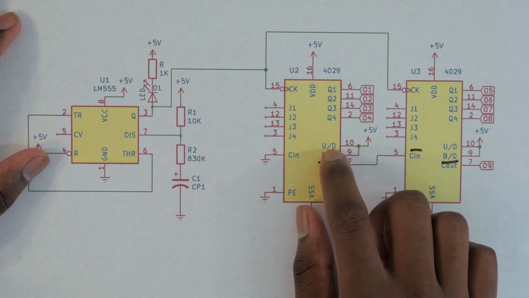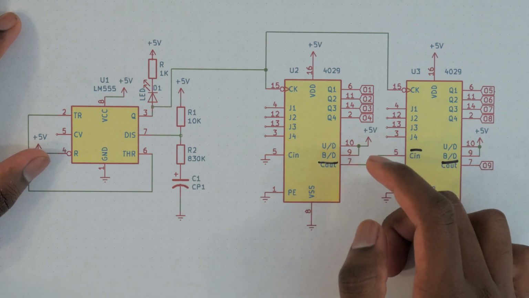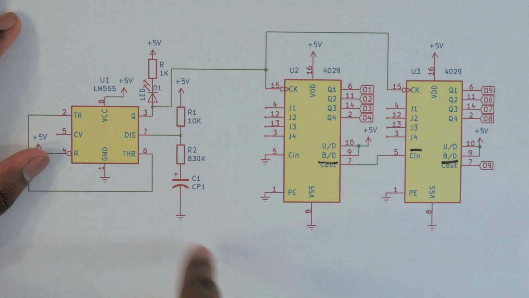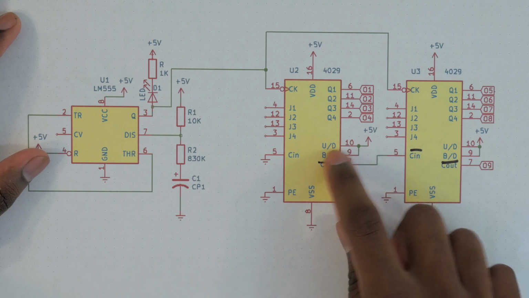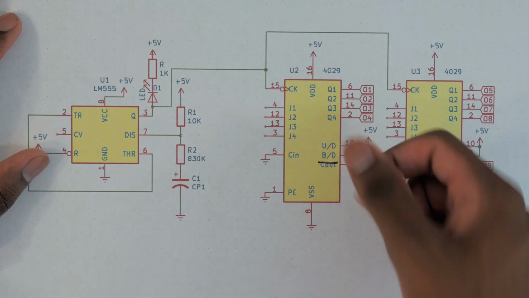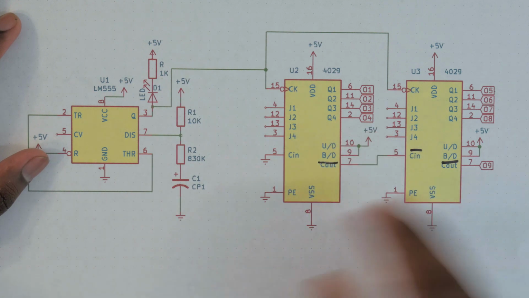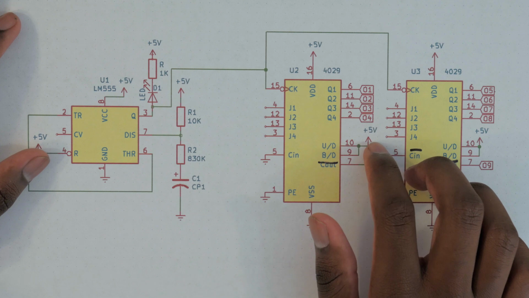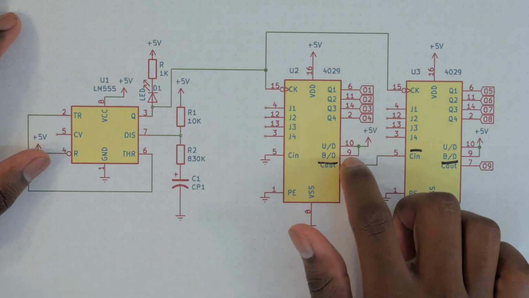If you have it on up, it'll increment on each rise of the clock signal, meaning when the clock signal goes from 0 to 5 volts. Or you can have it on the down function, meaning that when the clock signal goes from 5 volts to 0 volts, it increments. I just kept it in the up function, which means tying it to 5 volts. And this is the binary. Pin 9 is the binary or decimal functionality.